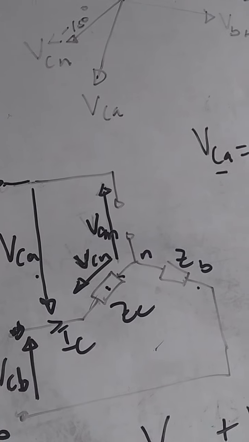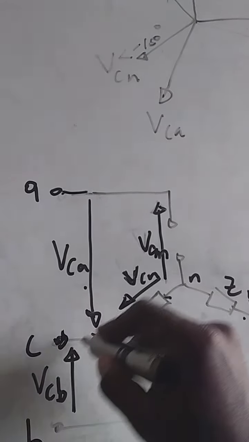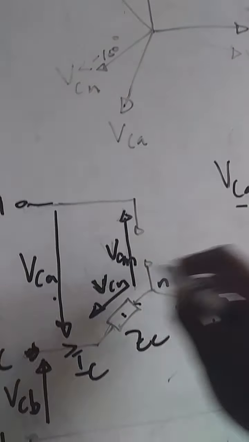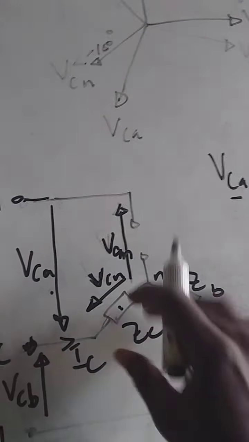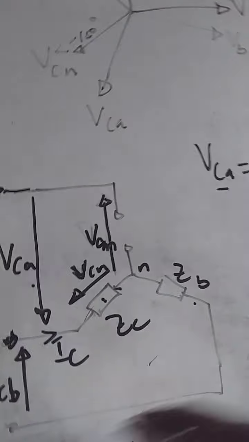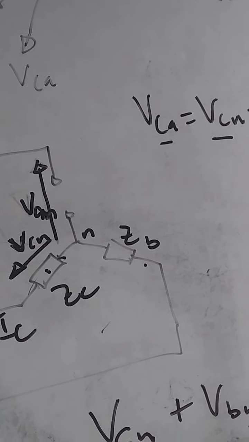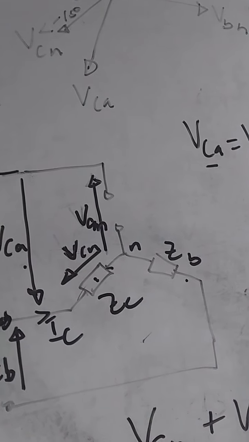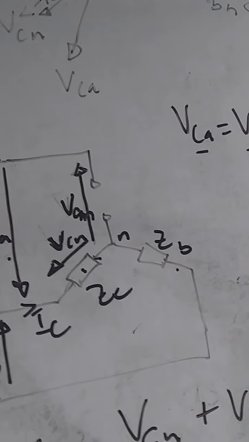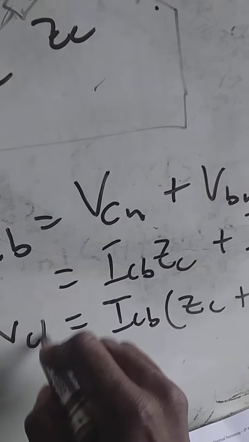So VCB is ICB times ZC, which gives the voltage drop VCN, plus ICB times ZB, which gives the voltage drop at this point. ICB is the current flowing from C to B. So you can factorize: ICB times (ZC plus ZB) gives you VCB.